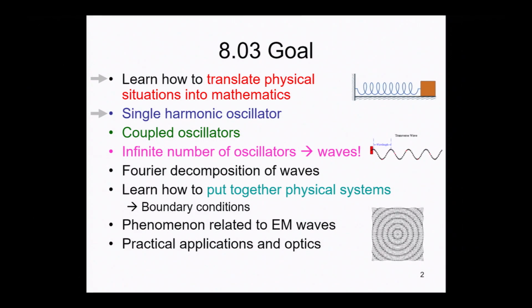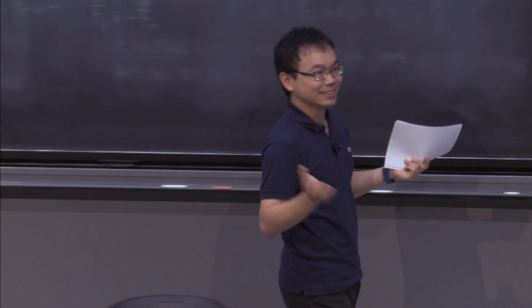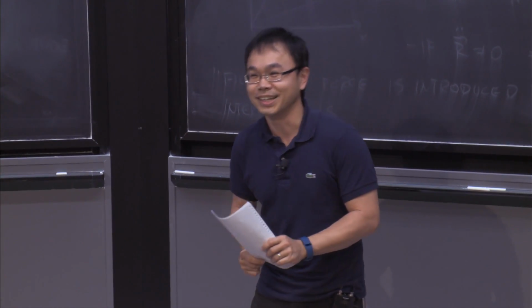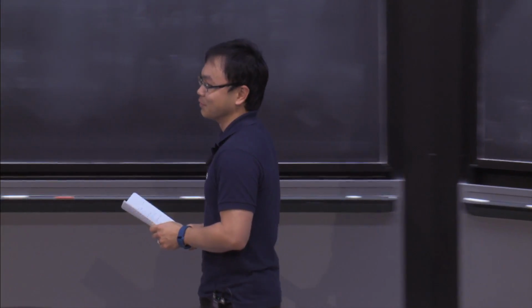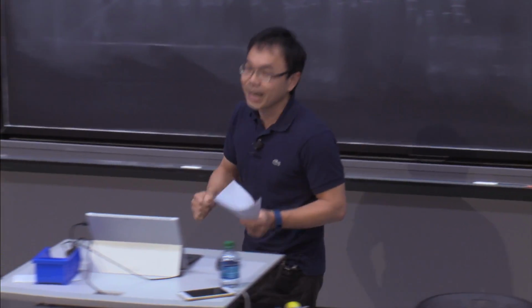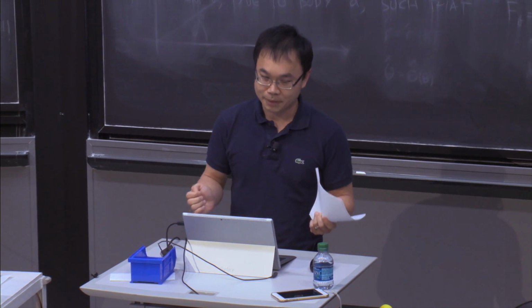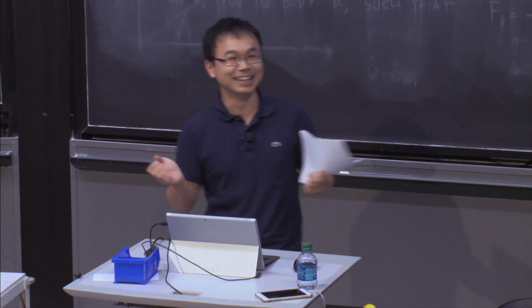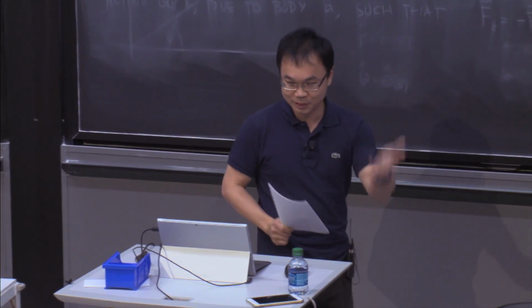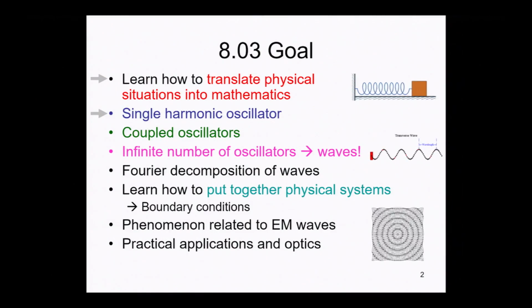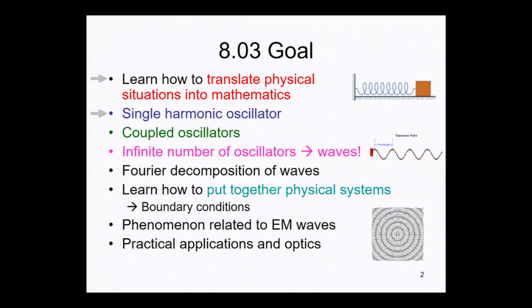Of course, more objects means more excitement in terms of phenomena, but also more complication in the mathematics. We'll see how things go. Then we are going to go to an infinite number of oscillators and see what will happen. Of course, we will produce waves. That's very exciting. Then we'll do all kinds of different tricks to those waves.